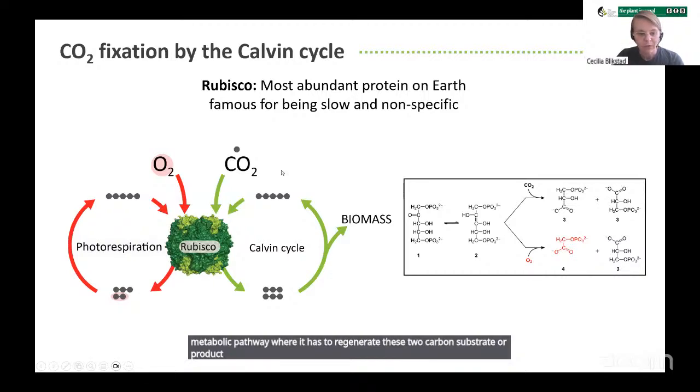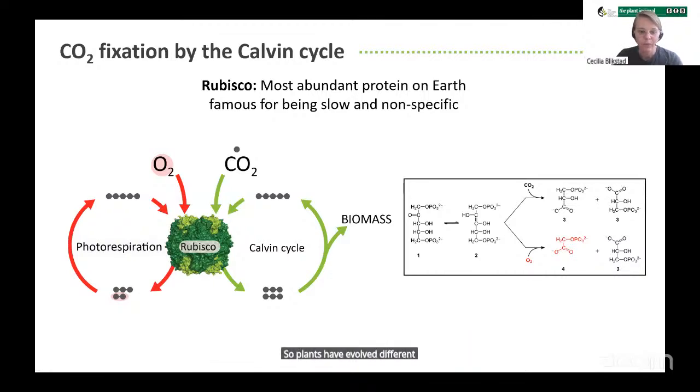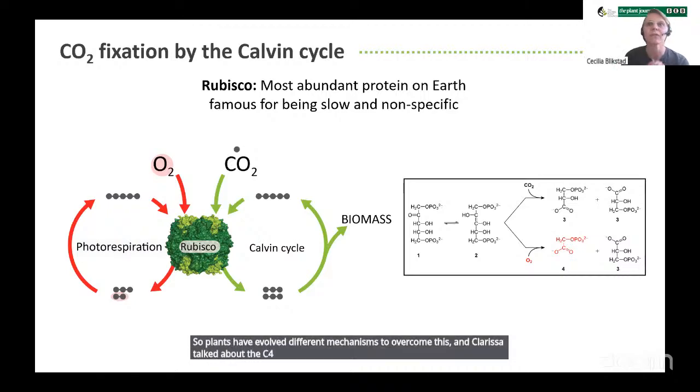So plants have evolved different mechanisms to overcome this, and Clarisa talked about the C4 mechanism in plants. But cyanobacteria have evolved a biophysical mechanism to limit this photorespiration as much as possible.